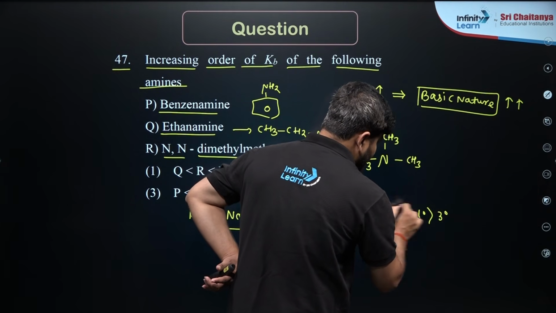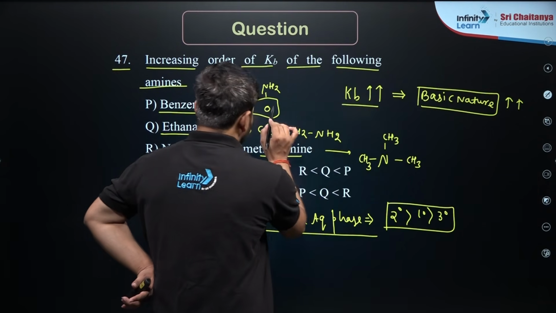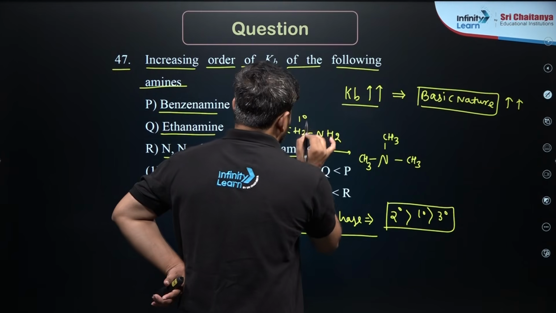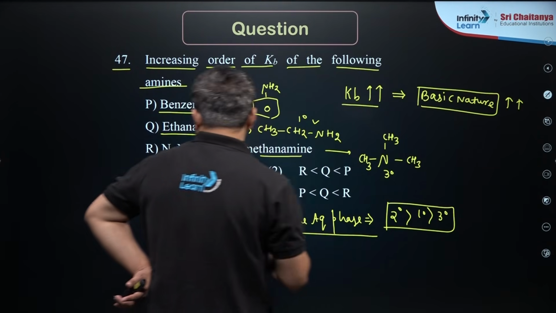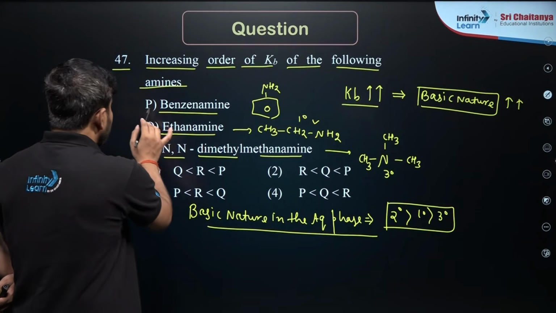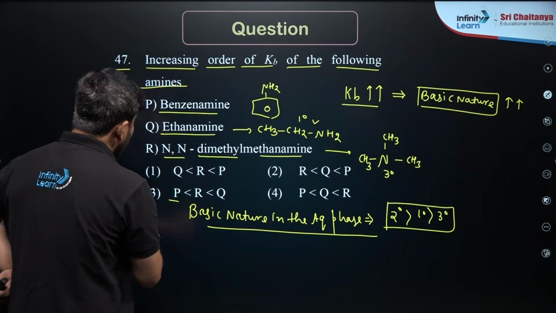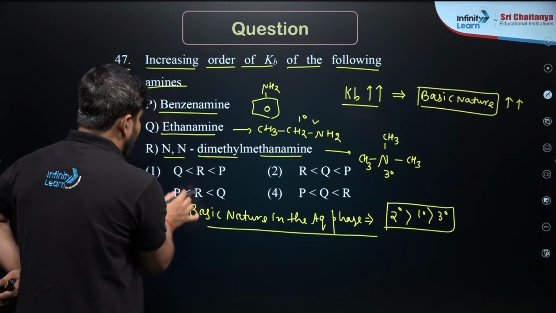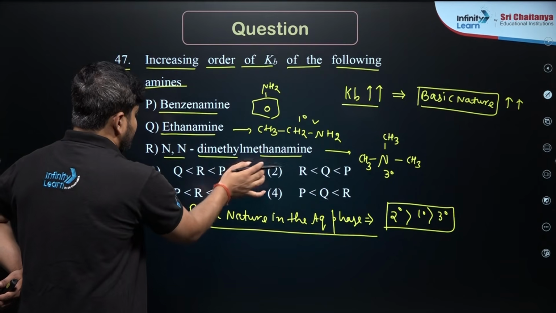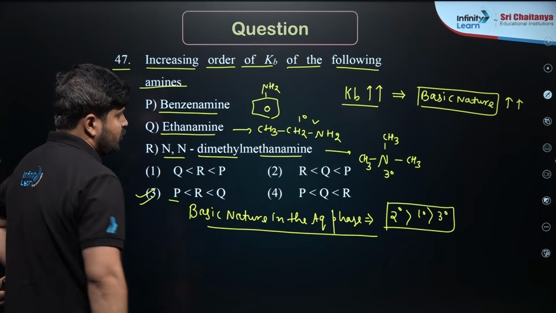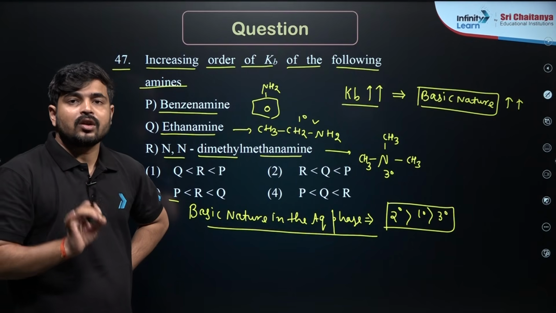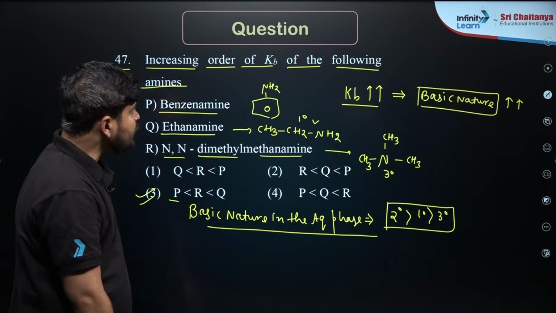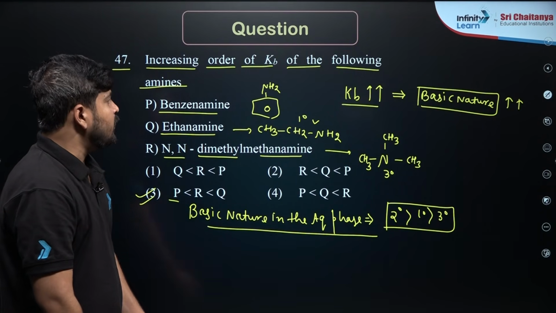If we compare the 1 degree and the 3 degree, 1 degree is more basic, right? It means P is very less. Then after that R will come, and then Q will come in last only. So the third option is the correct one for the increasing order of basic nature. You understood, I hope. Now I am coming to the next question.